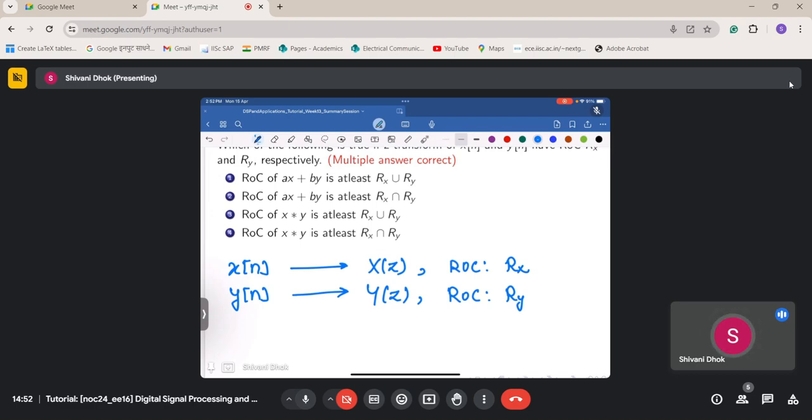Okay, so now two properties are coming into picture here. First property is the linearity property.